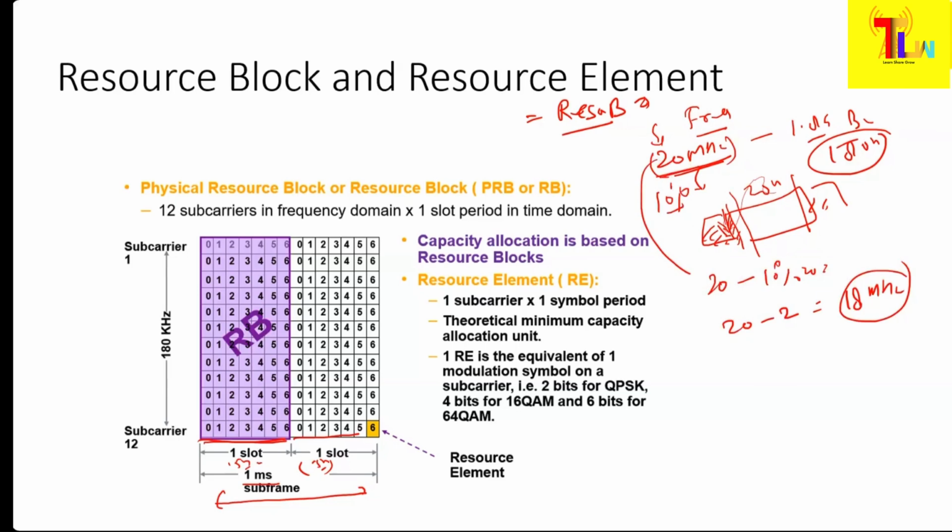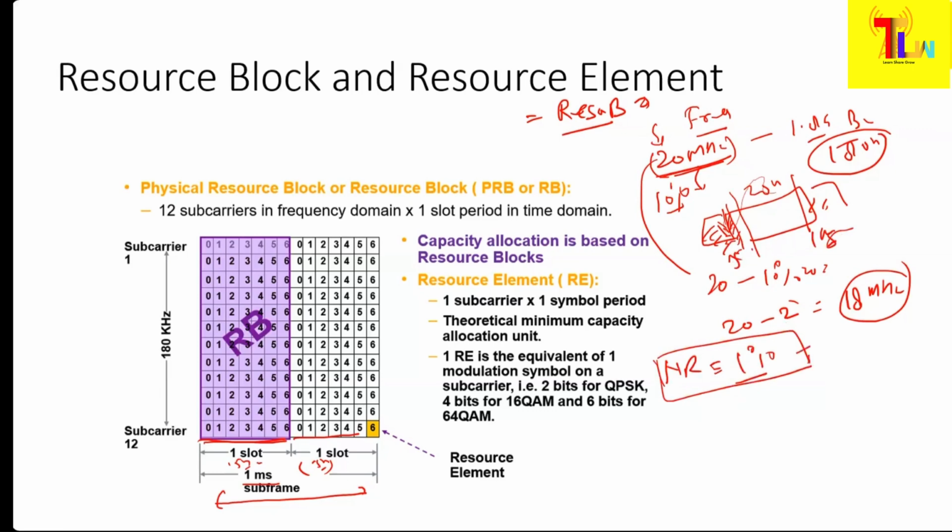So 2 megahertz, 1 megahertz from here and 1 megahertz from there, 5% from each side. But in NR, rather than 10%, we use just 1%. That is one of the achievements, it is more efficient.